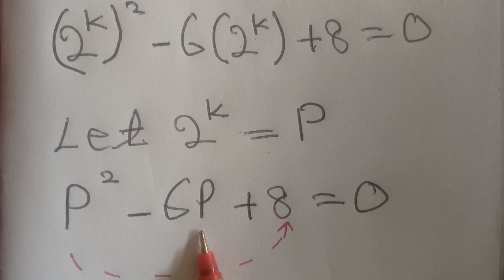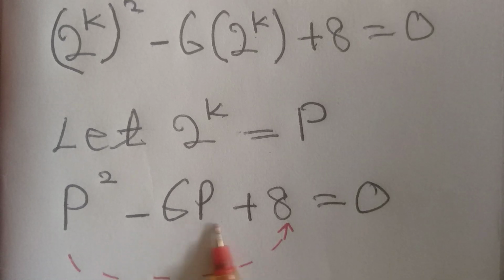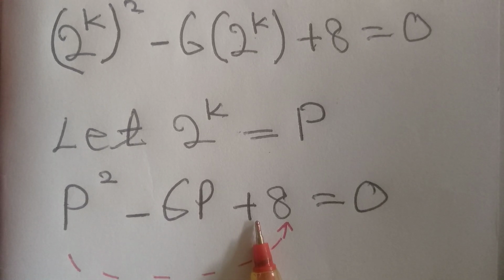And besides, I have done a lot of work on solving quadratic equations. So I will invite you to go back to some of those videos that I will be leaving the links in the description box and review how to solve quadratic equation. But in this case, we are using factorization method.